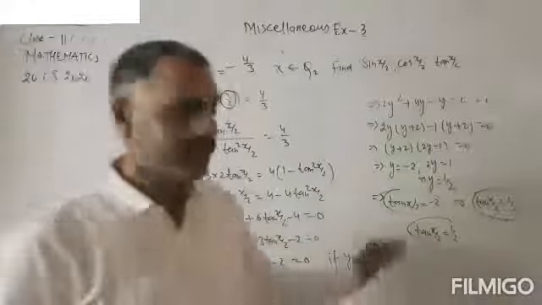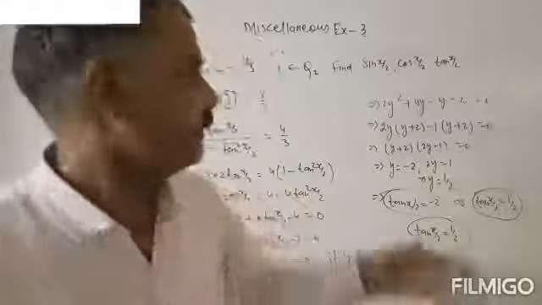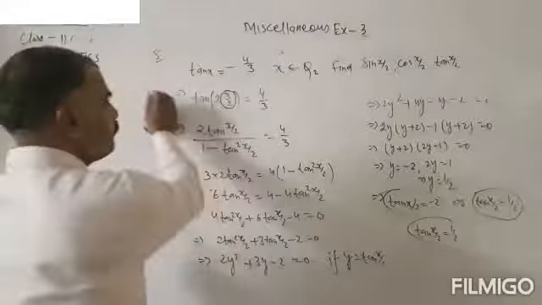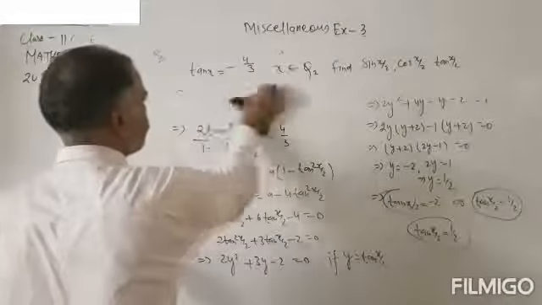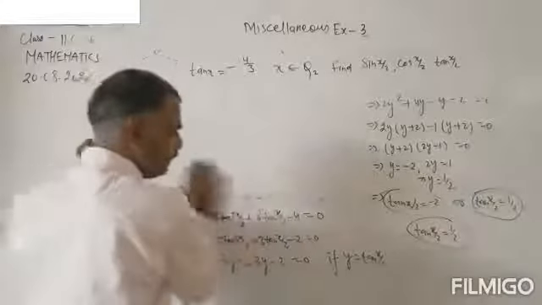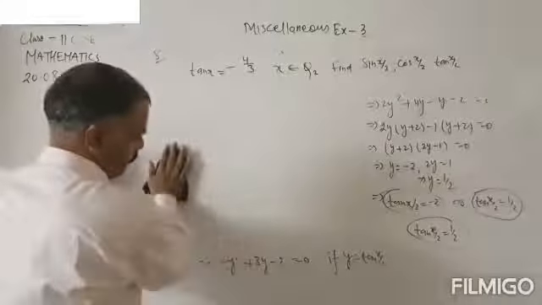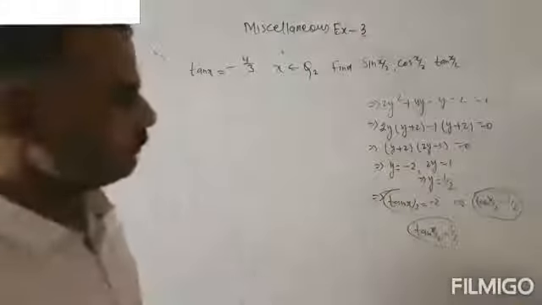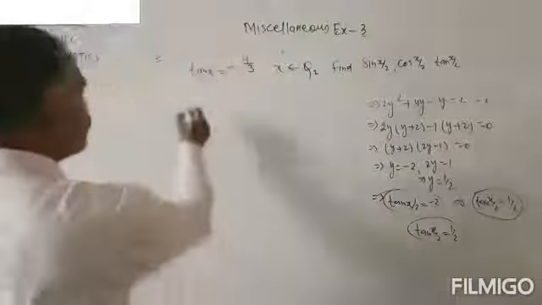Now we have to find the other trigonometric values, that is sin x by 2 and cos x by 2. So first of all we will find the cos x by 2. To find the value of cos x by 2, we have to find the value of sec x by 2.